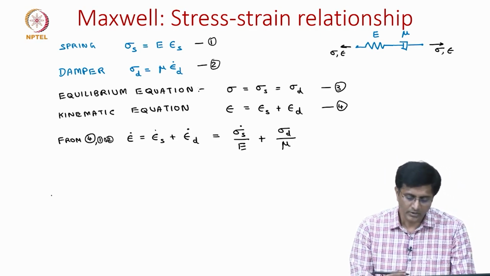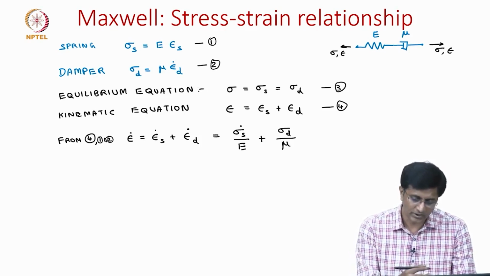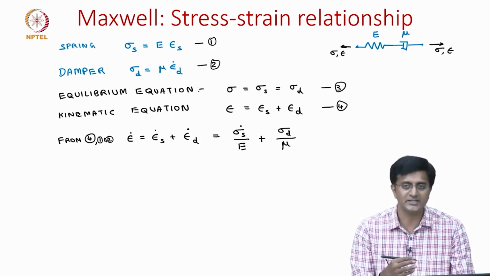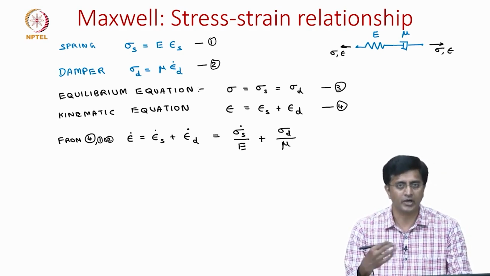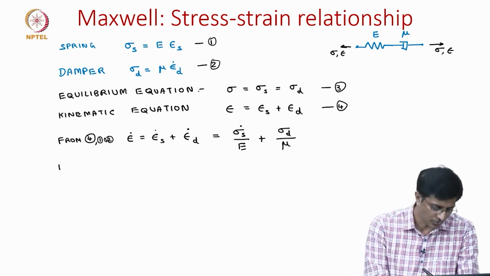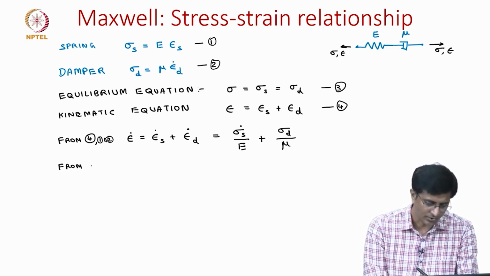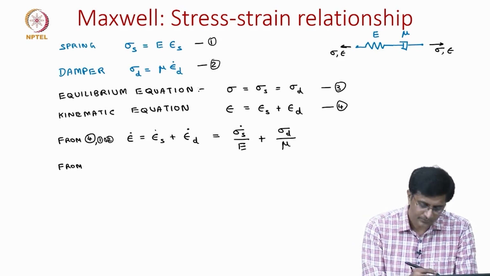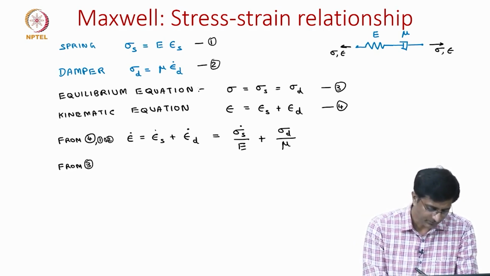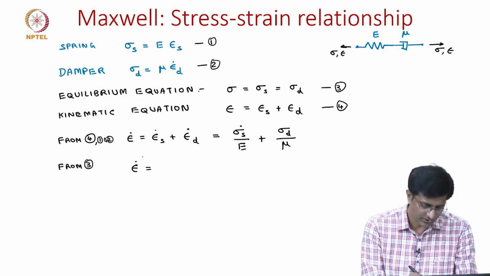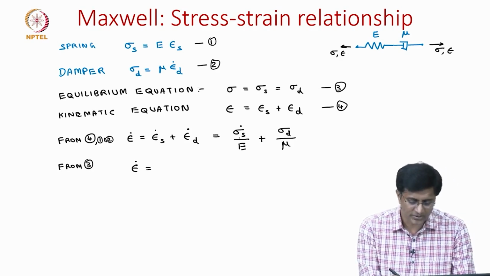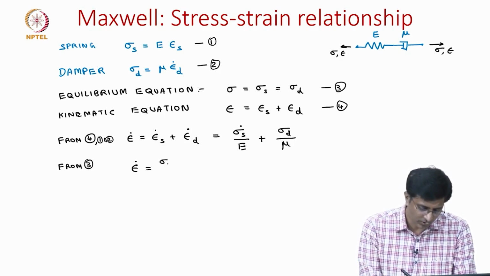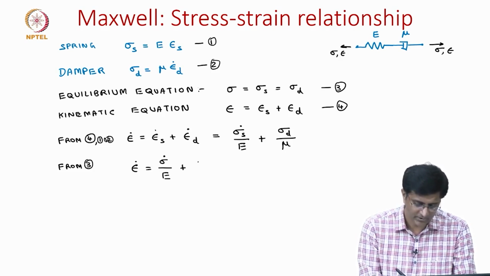Now, let us invoke equation 3, which says the stresses are the same in the spring, in the damper, and overall in the Maxwell model. So, from equation 3, the left hand side remains the same, the strain rate. We replace the stresses in the spring and damper with the stress in the Maxwell model, so we simply write it as sigma dot by E plus sigma by mu.